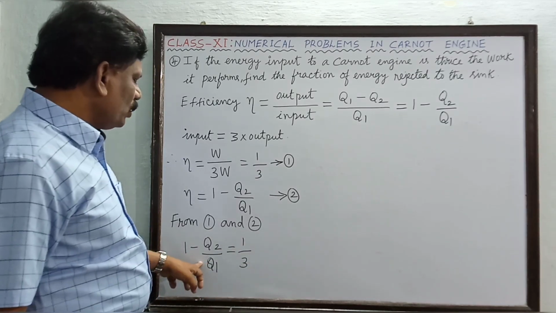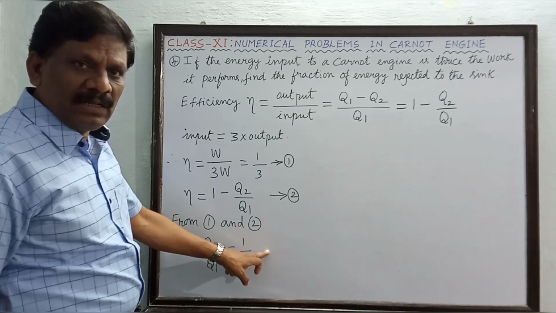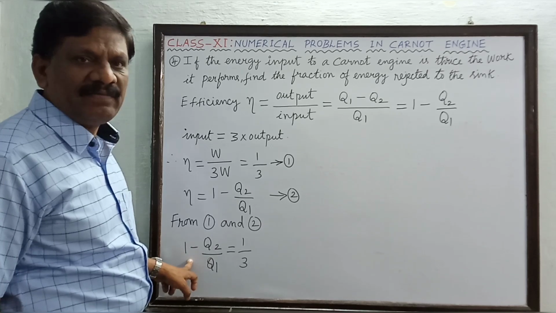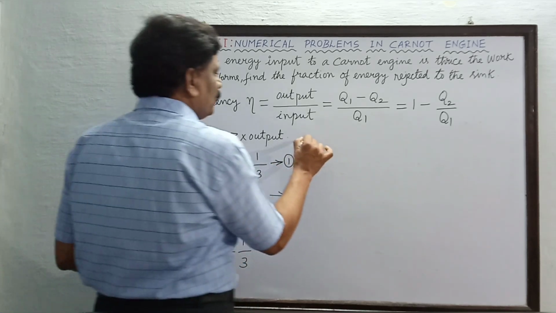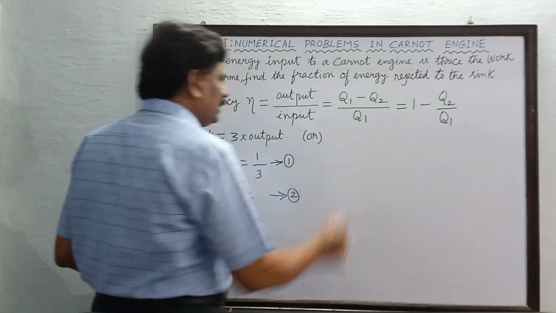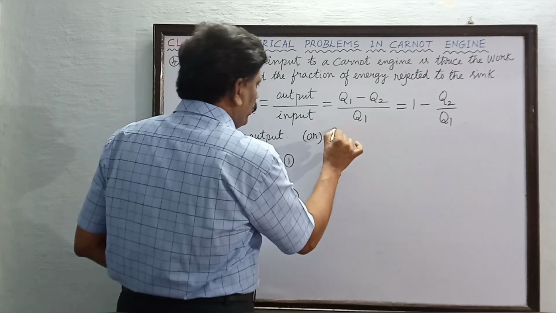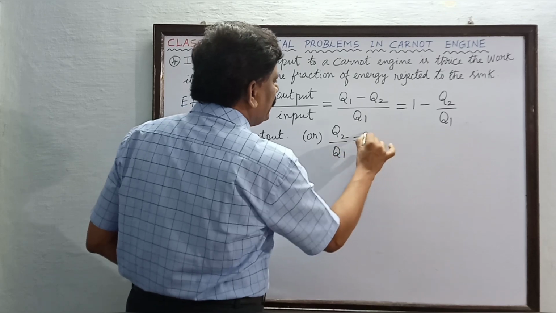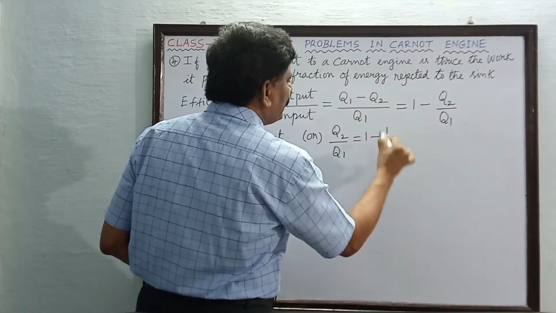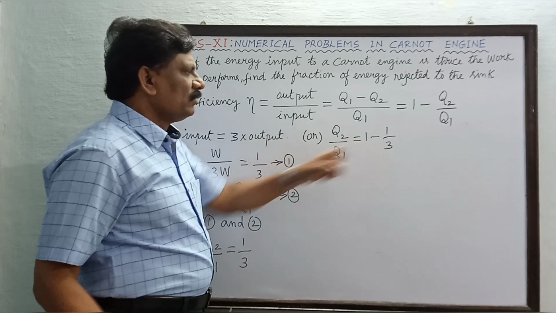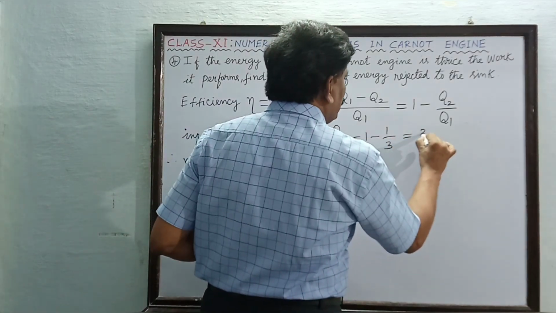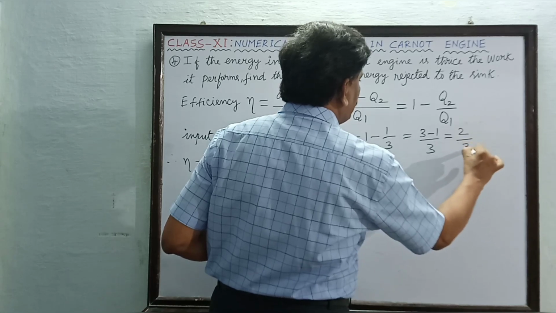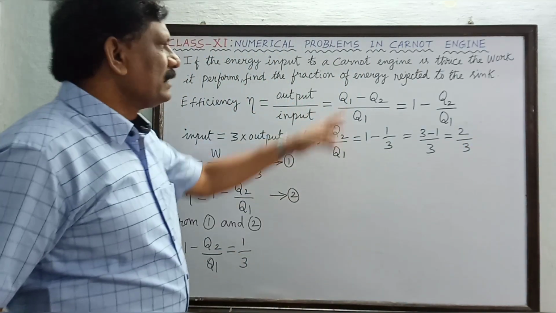Now this Q2 by Q1 I will shift to the right side so that it will become positive, and 1 by 3 will come to the left side as negative. So the same equation can be written the other way: Q2 by Q1 is equal to 1 minus 1 by 3. Now this is equal to (3 minus 1) by 3, that is equal to 2 by 3. What is asked in the problem?